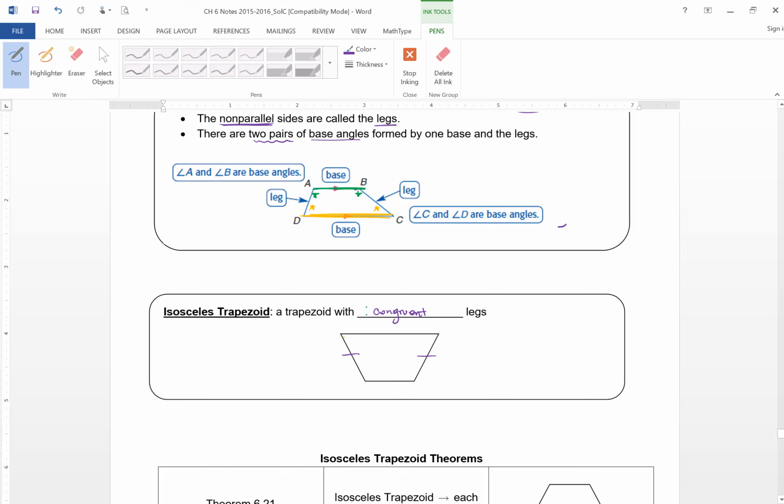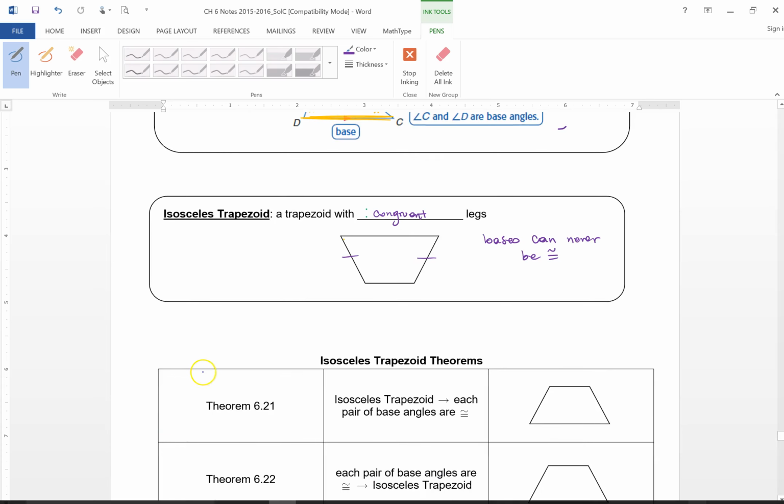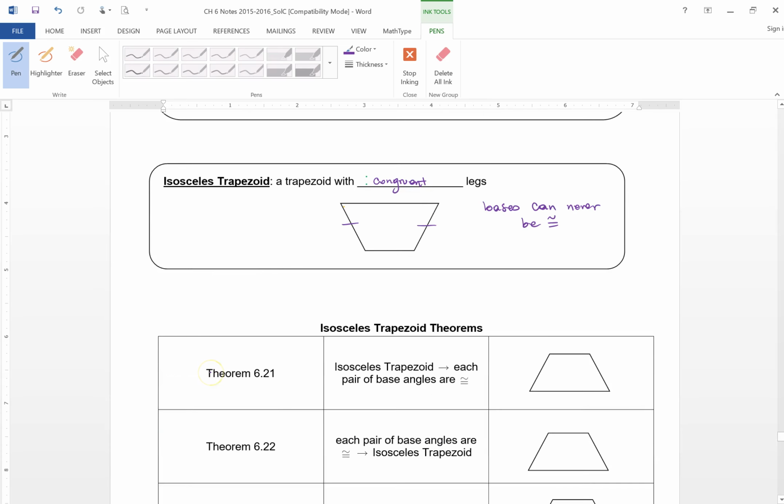The bases can never be congruent. Because if you have one pair that's parallel and congruent, what would that make it? A parallelogram. Okay? All right, so not a rhombus. Two consecutive sides have to be equal for a rhombus.